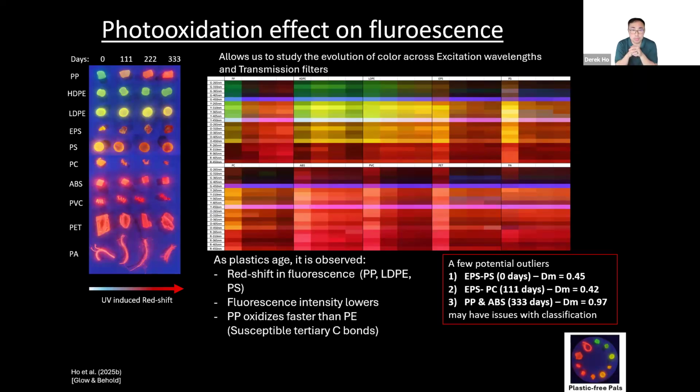In the Glow and Behold paper, I then explored how weathering affects the fluorescence imaging. Here, we can see that as plastics degrade, there's an increase in polarity, like the carbonyl index, and you could see a redshift in fluorescence, especially of polypropylene, LDPE, and polystyrene, where it gets red over time.